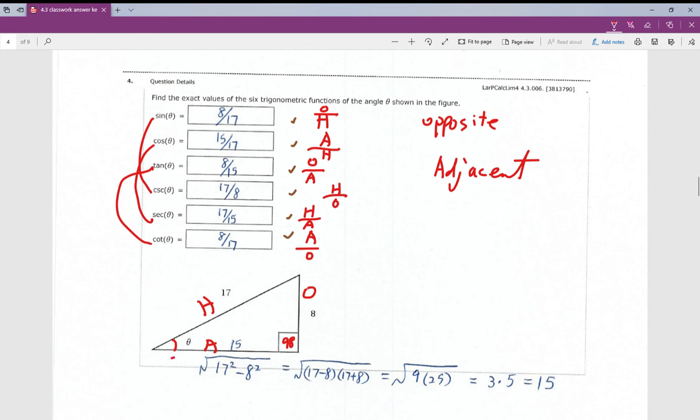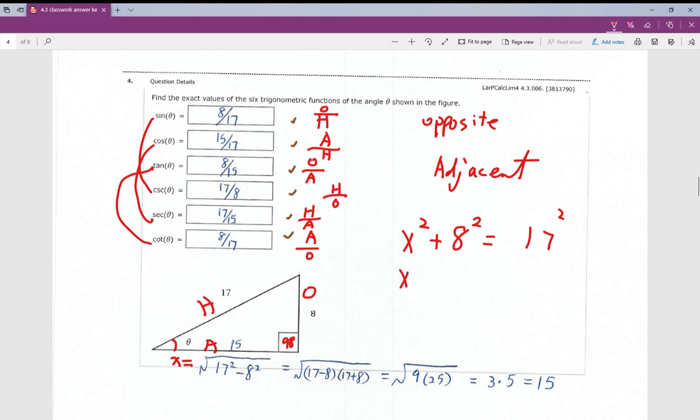If we don't know the length of this side, we say x squared plus 8 squared equals hypotenuse squared. A squared plus b squared equals c squared.